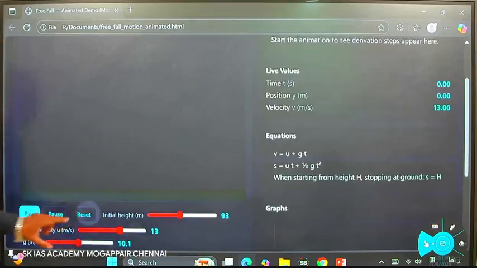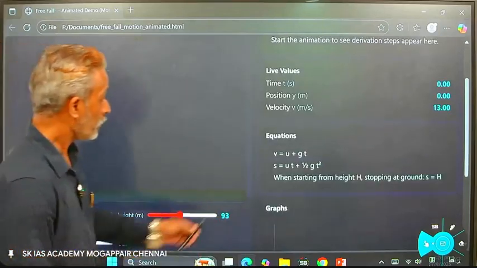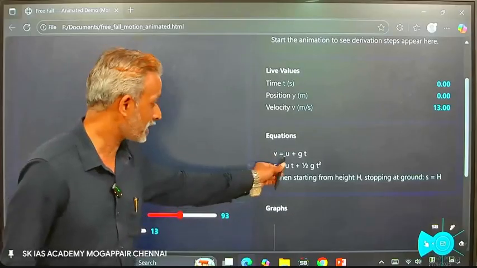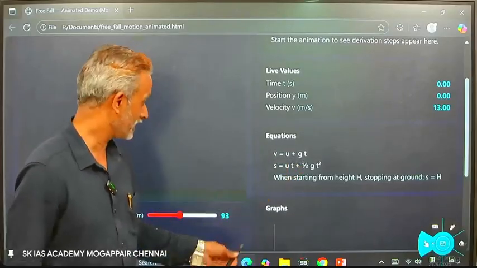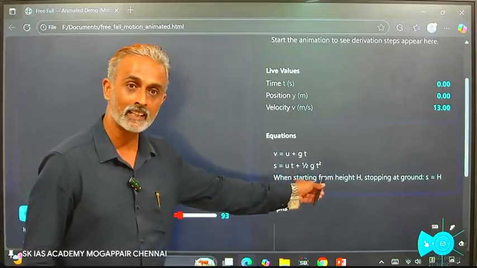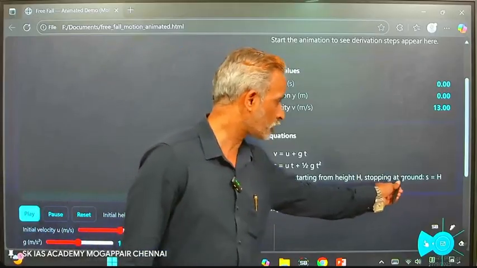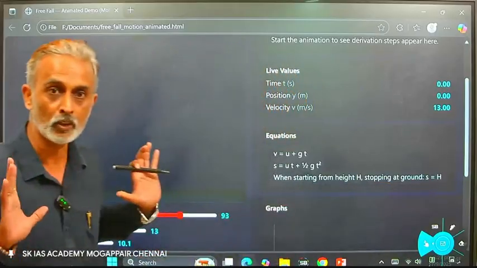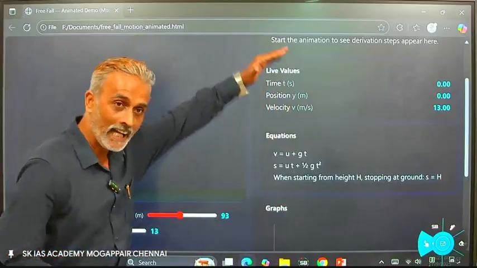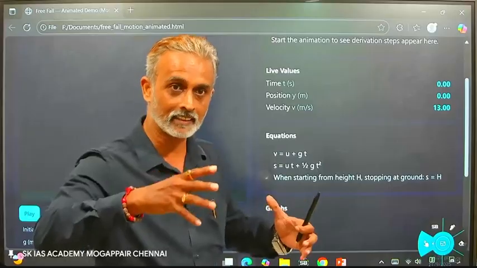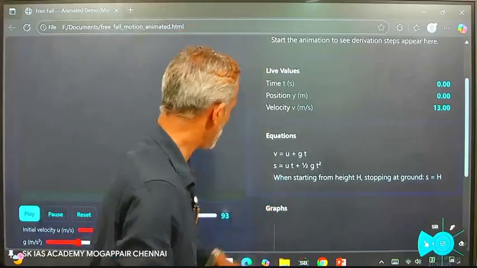Got it? What formula have I applied here? V is equal to U plus GT. S is equal to UT plus half GT square. When starting from the height and stopping at the ground, S is equal to H. So understand why we apply this concept when anything comes down.